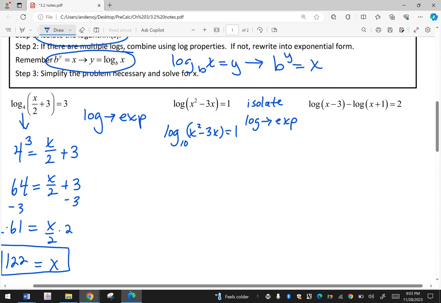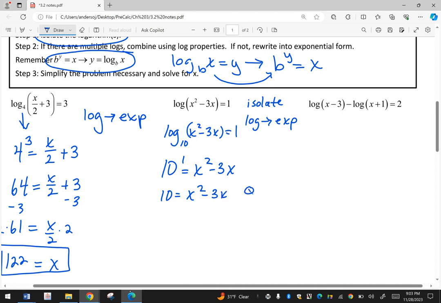Remember, if it's missing the base, that means it's 10. Remember, when we have a log, to get it to go into an exponential, the base drops down, and the inside and the outside switch places. So now I have 10 equals x squared minus 3x.